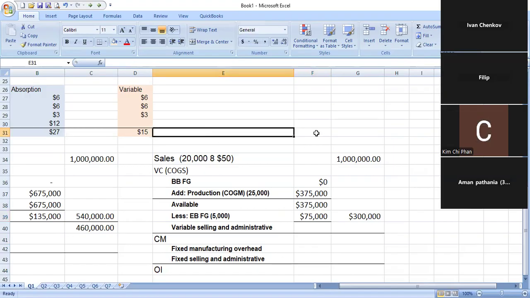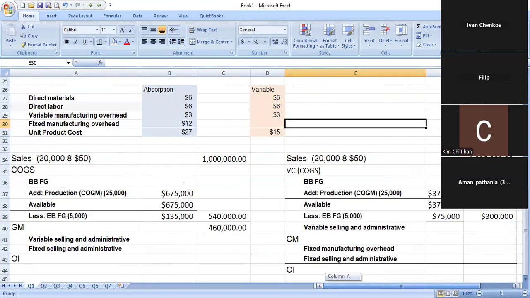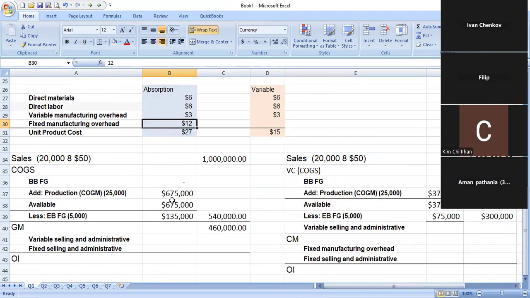Why 60,000? Because we have here a difference of how much is my variable cost, sorry, fixed. What's the difference between those two? Only the fixed manufacturing overhead, which is $12. How much is my ending balance? 5,000. So 5,000 times 12, does it give me 60,000? Yes, that's from where the difference comes.